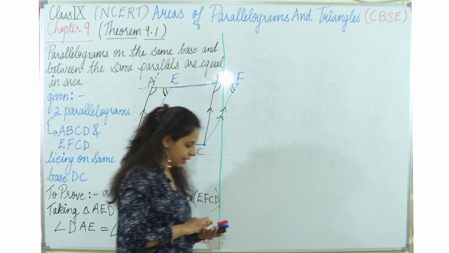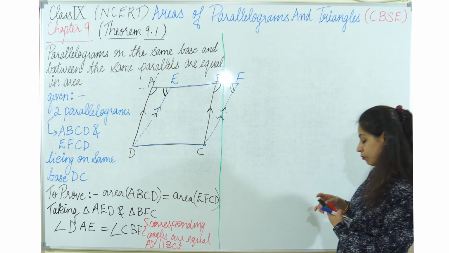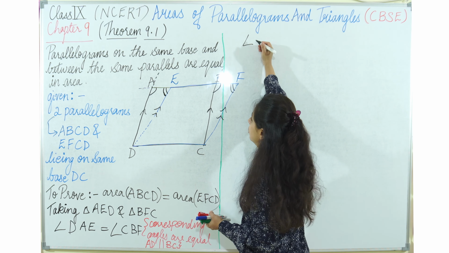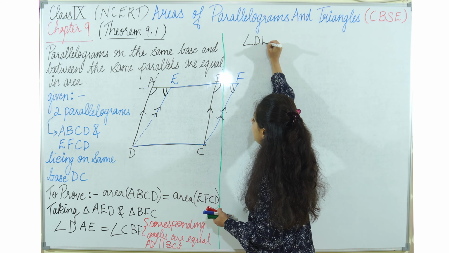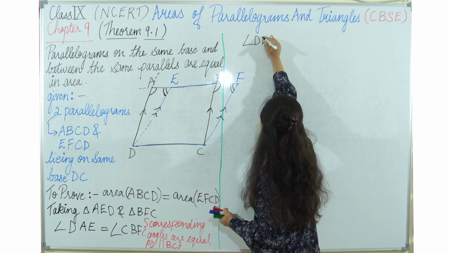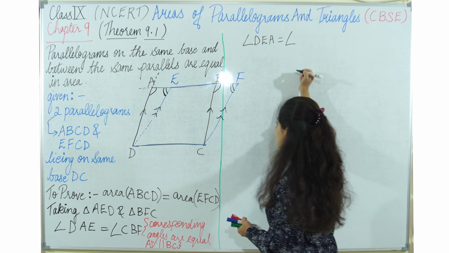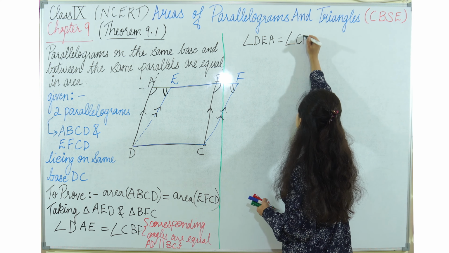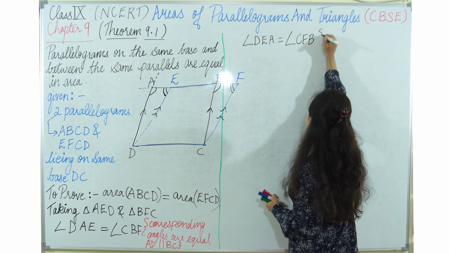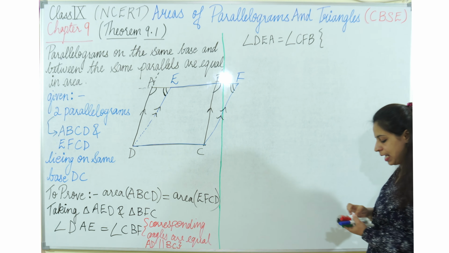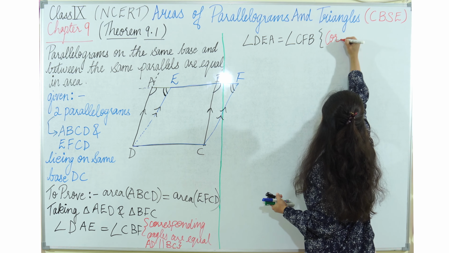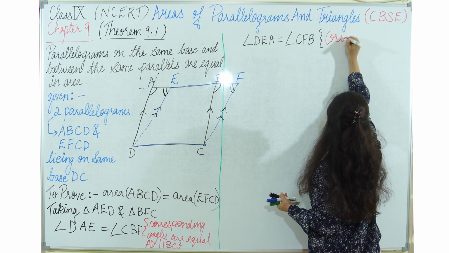Okay, so let us write it down. So we can say over here angle DEA is equal to angle CFB. Okay, and the reason is the same. Corresponding angles are equal, only the parallel lines are changed over here.